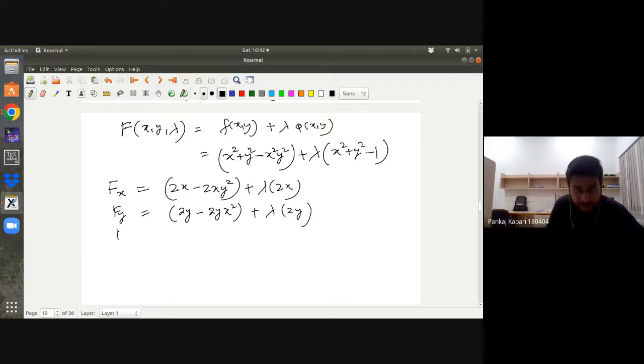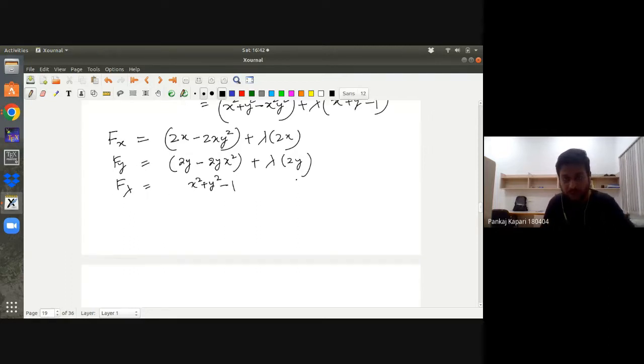And F lambda is nothing but the constraint x square plus y square minus 1. Then we put all of them equal to 0. So what will we get? F_x equal to 0 implies, taking 2x common, that in the bracket we get 1 minus y square plus lambda equal to 0.